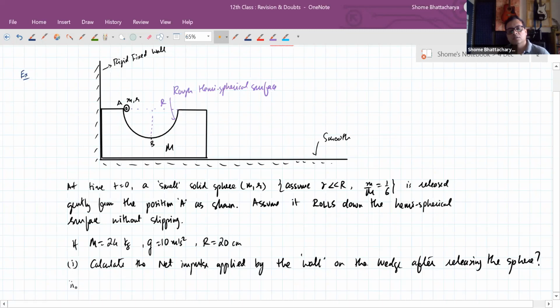Then you have to calculate the maximum height to which the sphere reaches after crossing B for the first time.